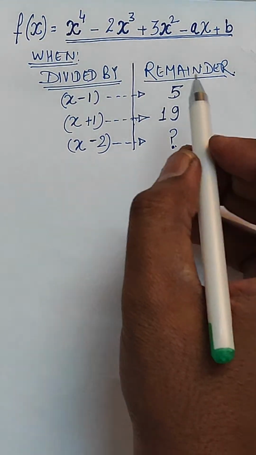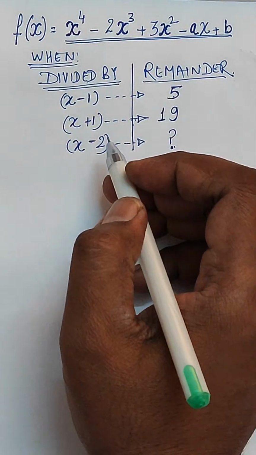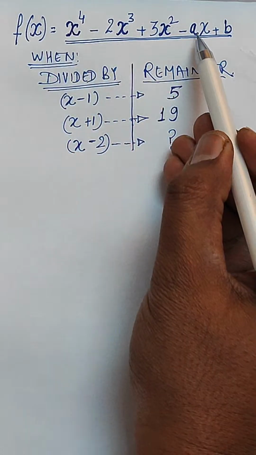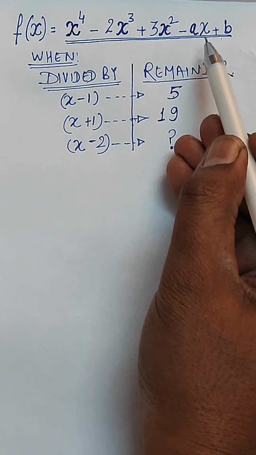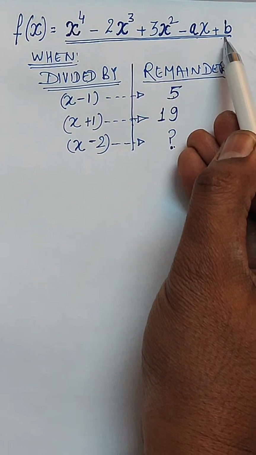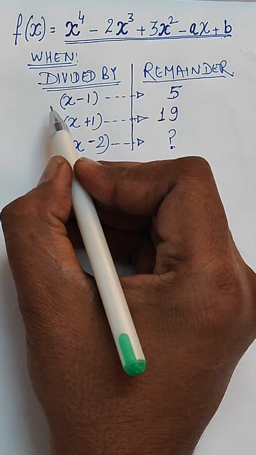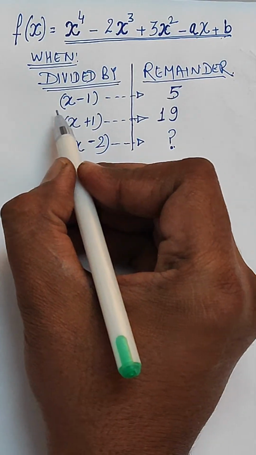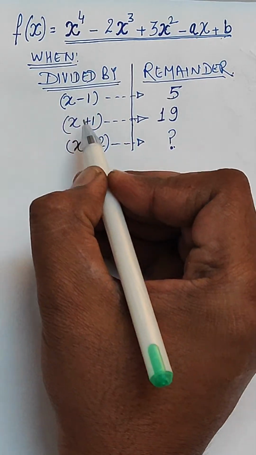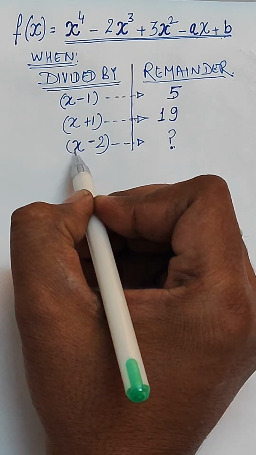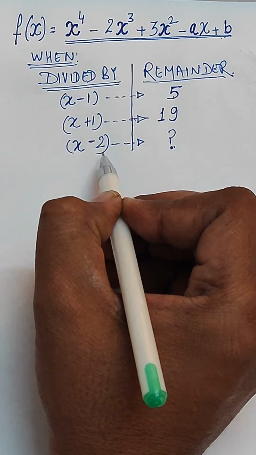To solve such questions, first of all understand this is not only a function of x, it consists of two other unknowns, a and b, over here. So we need to find the values of a and b. How will we find them? There are three conditions given: division by x minus 1, by x plus 1, and our question, the remainder when divided by x minus 2.